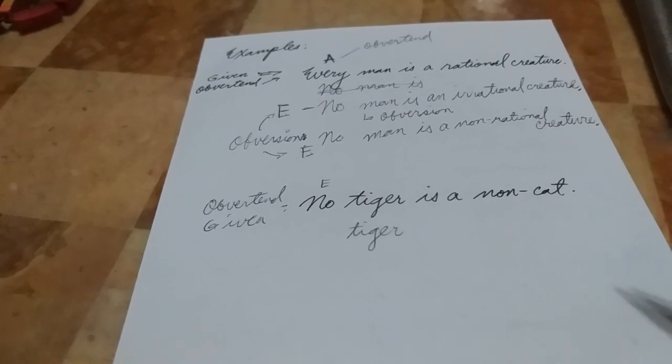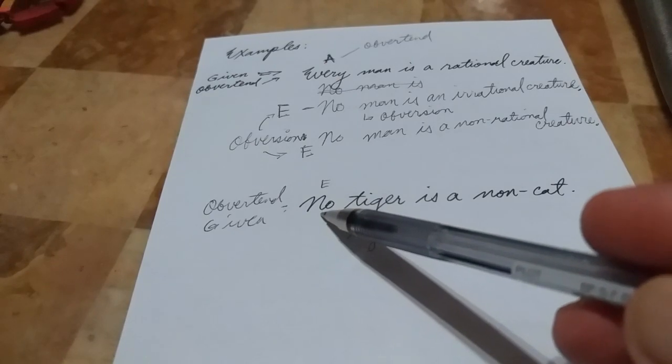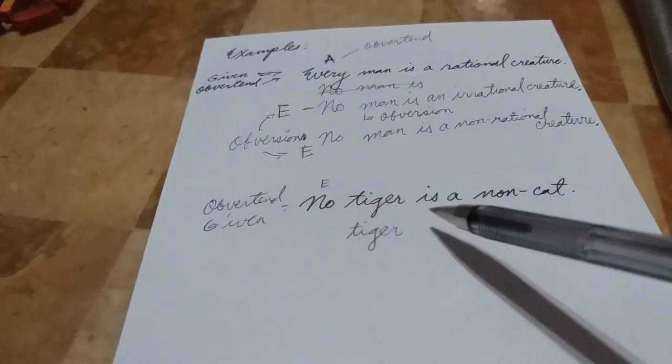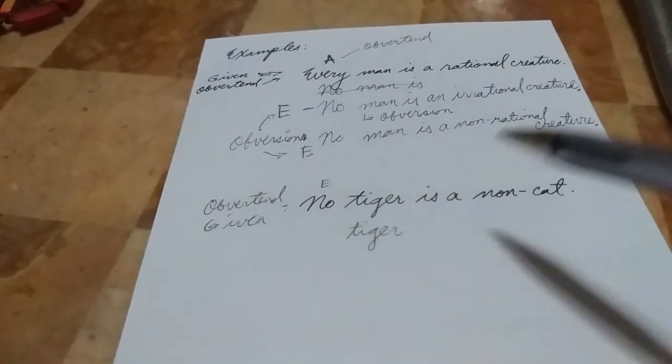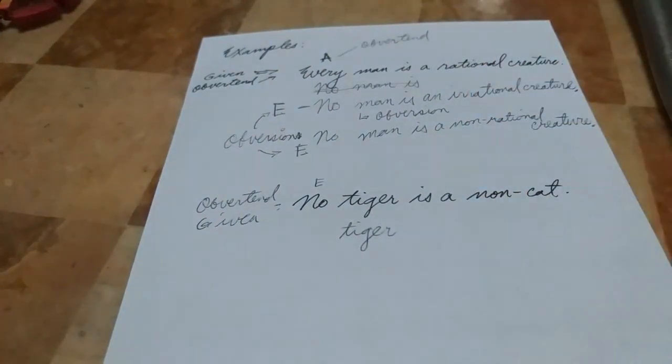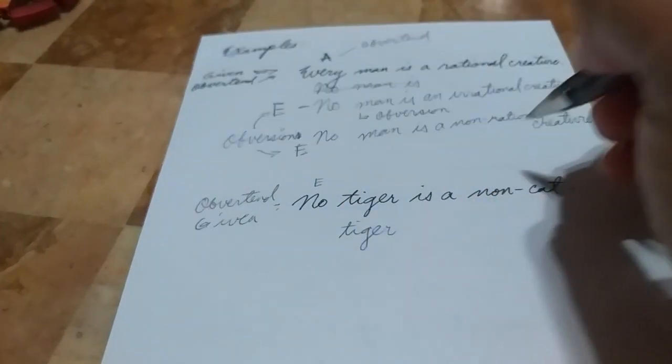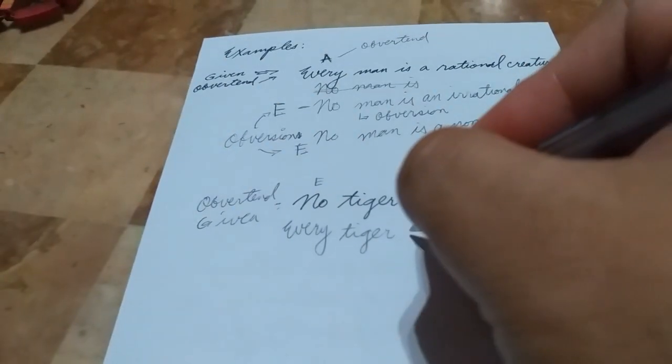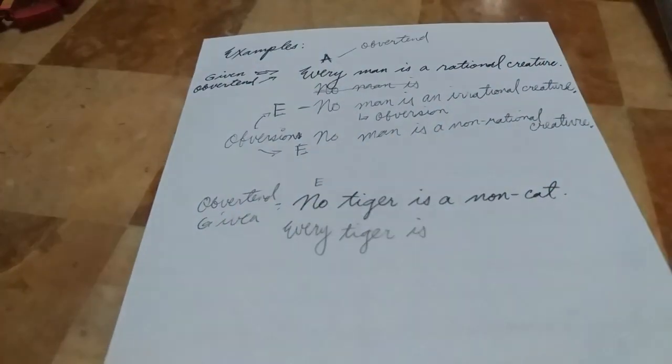If the given is negative, you're going to change it into positive. So no tiger is, you can say every tiger is.